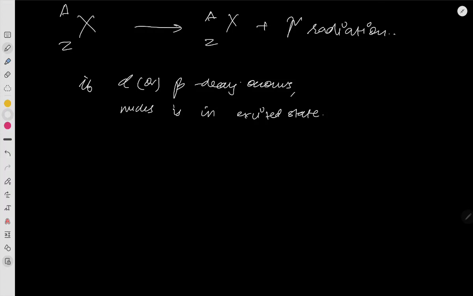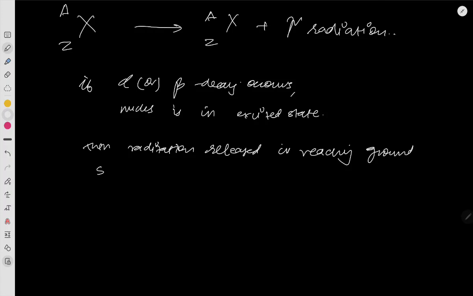That is going from the excited state again to the ground state, then the radiation released in reaching the ground state is gamma radiation.